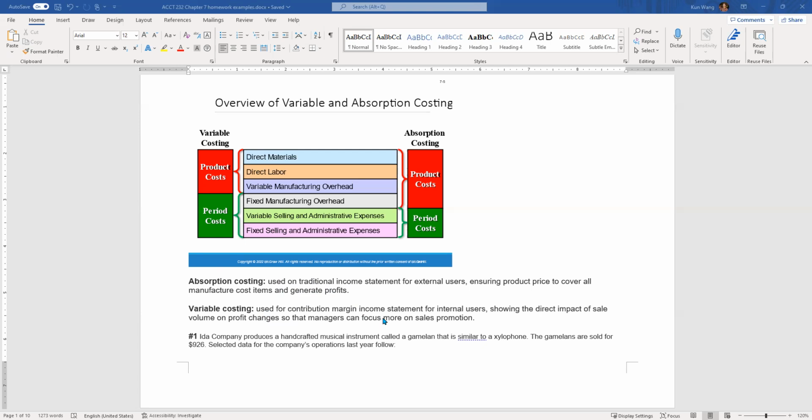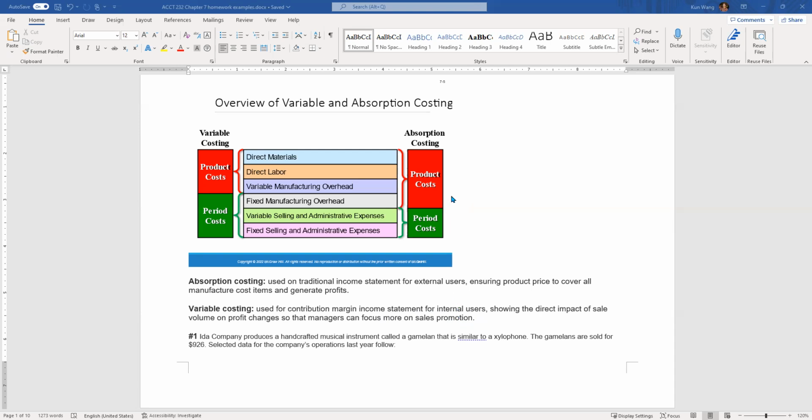If you evaluate the manager's performance using variable costing, it's very straightforward. The performance is purely based upon the sales volume. So it's better for performance evaluations, and it will motivate the managers to focus on sales promotion so they can show better performance.